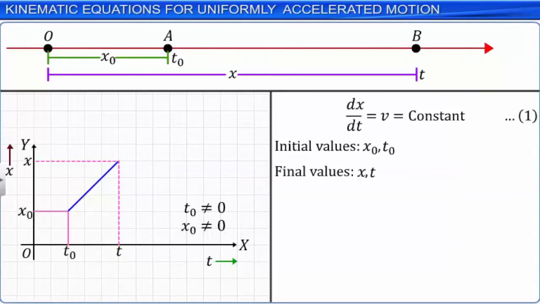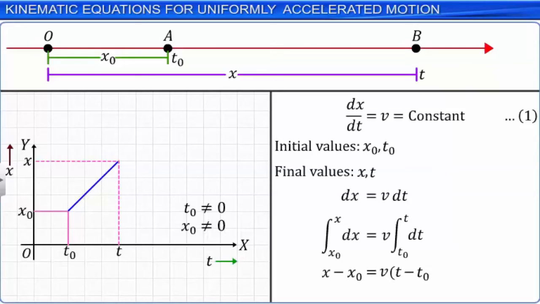Cross-multiplying equation 1, we get dx is equal to v into dt. Integrating both sides, we get integral x0 to x dx equal to v into integral t0 to t dt. We get x minus x0 is equal to v into t minus t0.